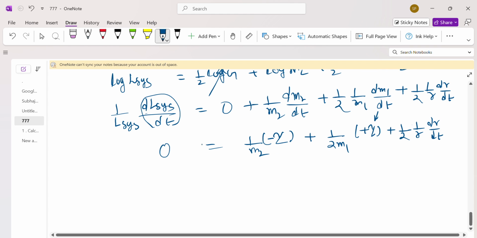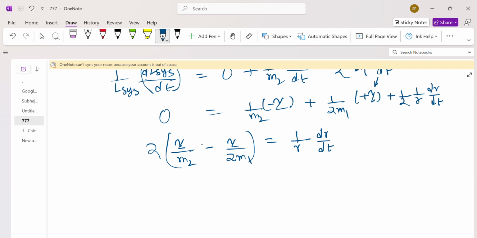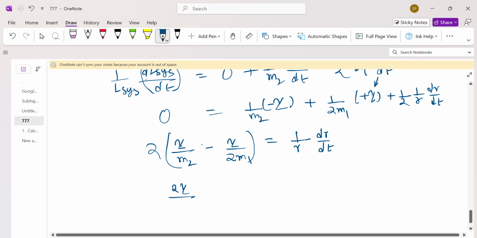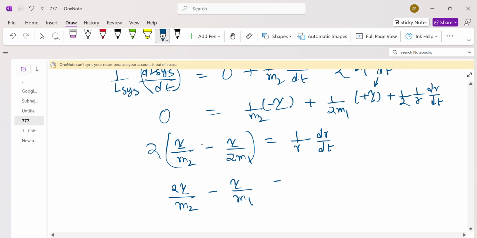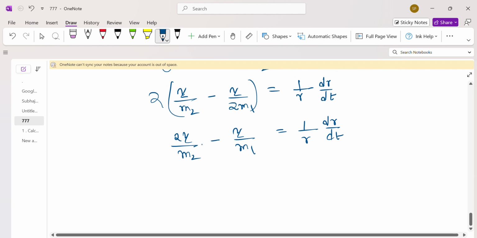If you rearrange this, gamma upon m2 minus gamma upon 2 m1 is equal to 1 upon r dr/dt, and the 2 gets multiplied over to this side. So 2 gamma divided by m2 minus gamma upon m1 is equal to 1 upon r dr/dt.